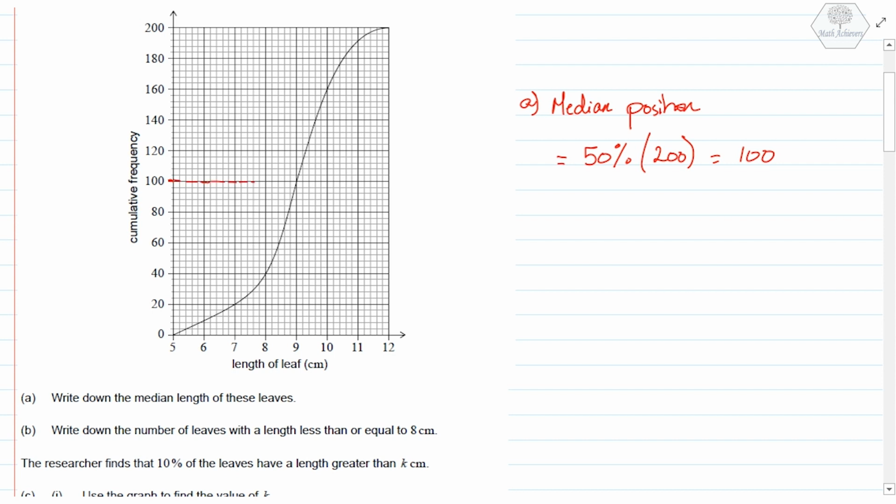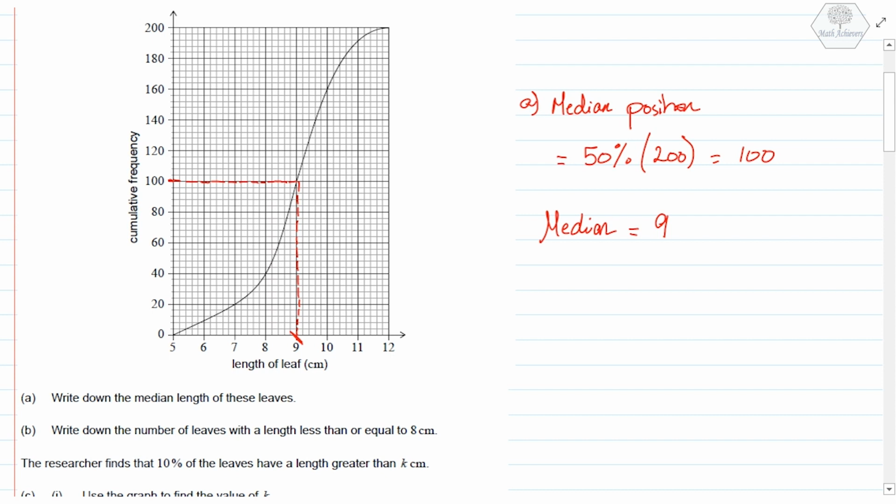I cross a line and I go down to find the value of the median. So I find it's 9. So the value of the median is equal to 9. This is for part A.